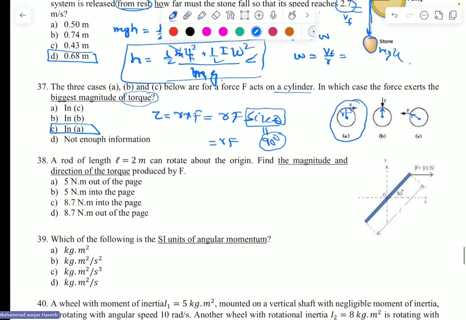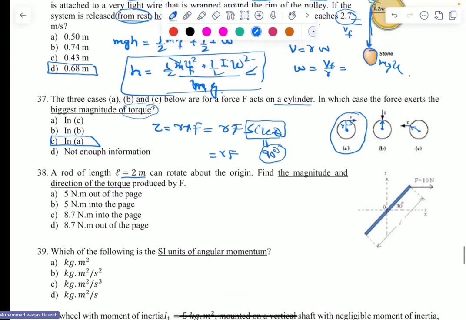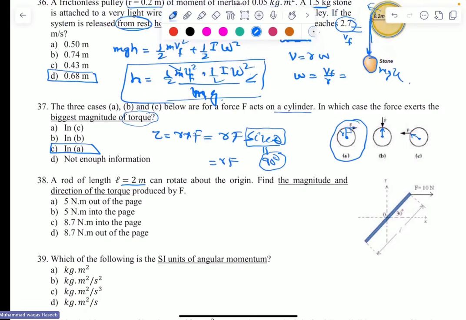Question number 38. A rod of length L. Doctor, can you please repeat number 37 again? Yes. The definition of torque is R cross F. Whenever you remove the cross product, you will have a sine theta, which is maximum at an angle of 90 degrees. So you need to find the angle between R and F. If the angle is 90 degrees, you get the maximum torque.